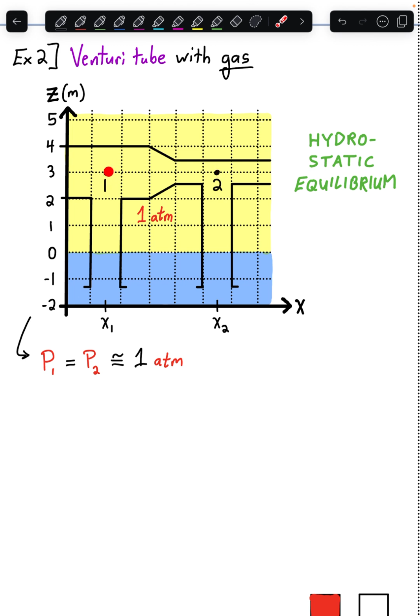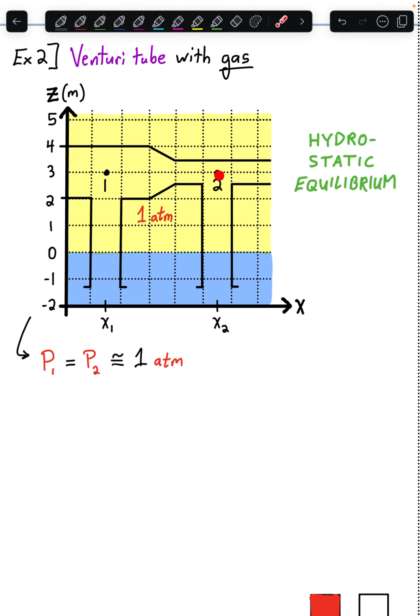And if the pressure at 1 increases, that means the gas at this location is going to press down harder on the water below it. So we expect that this column of water inside the vertical part of the tube will be pushed down once flow starts going through our pipe.